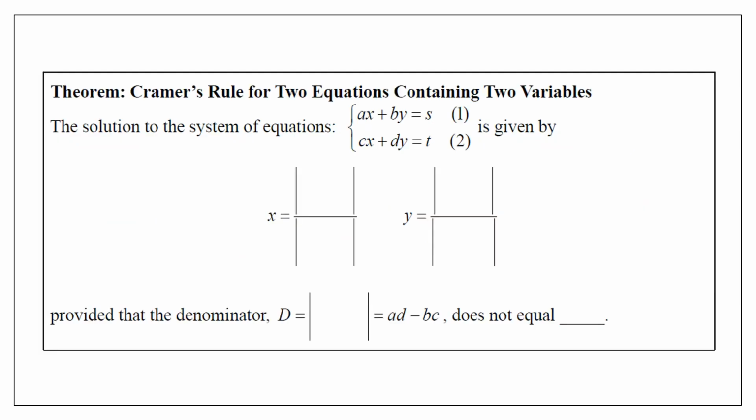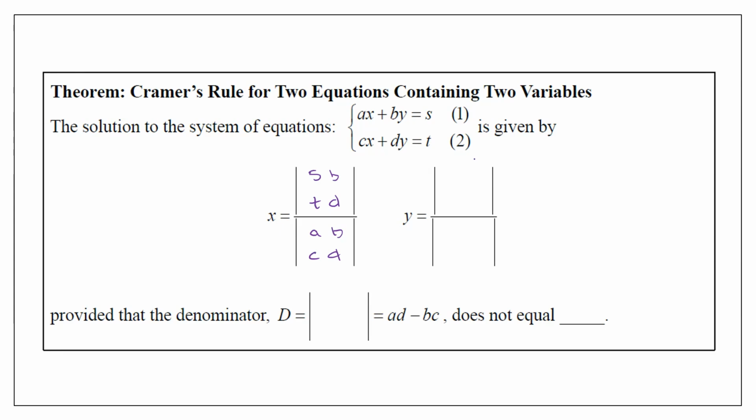Cramer's rule states that the solution to the system of equations is given by x equals the determinant SB, TD divided by the determinant AB, CD.